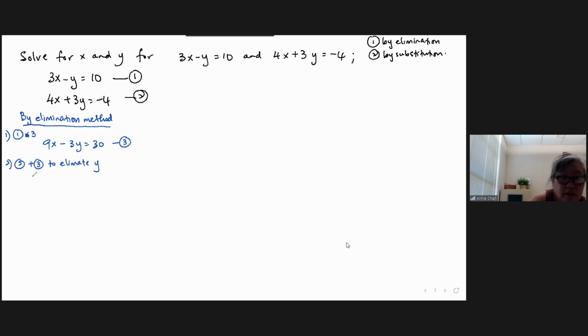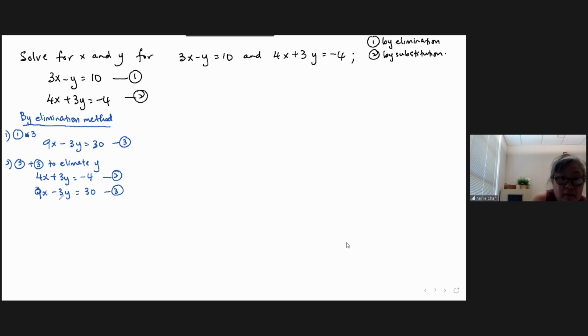Okay? So I'm going to rewrite them. 4x plus 3y equals -4. This is equation 2. 9x minus 3y equals 30. This is equation 3, right?